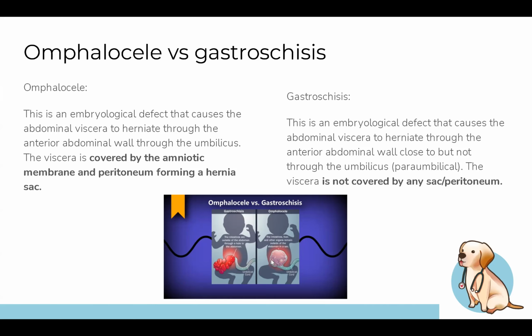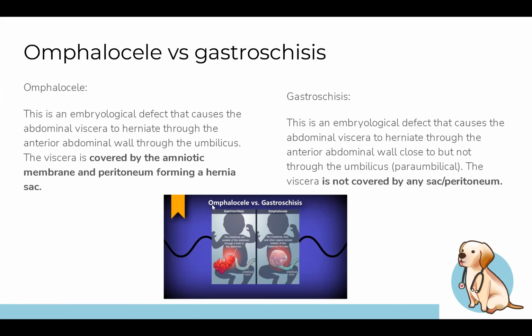So in terms of the intestines, everything has gone normal. It's just the wall itself that has a defect in it that makes the intestines spill out onto the outside. And that's why the viscera, the intestines on the outside, are not covered by any sac or peritoneum, because it's just our normal intestines that are herniating. Just be careful with this image.